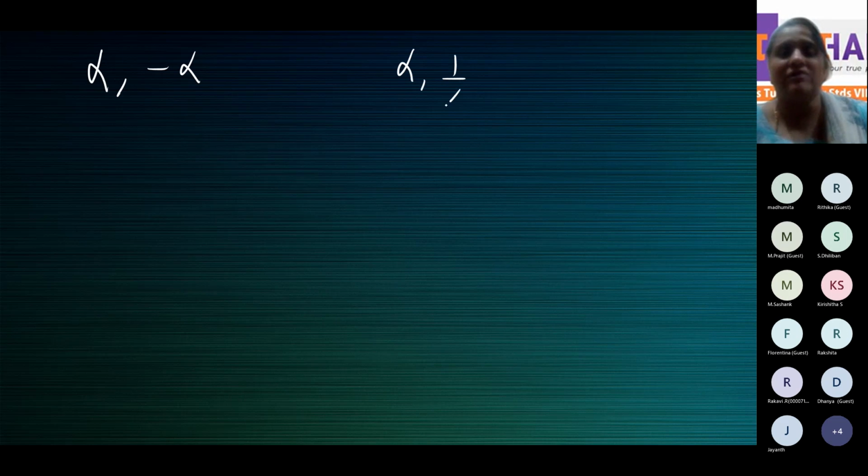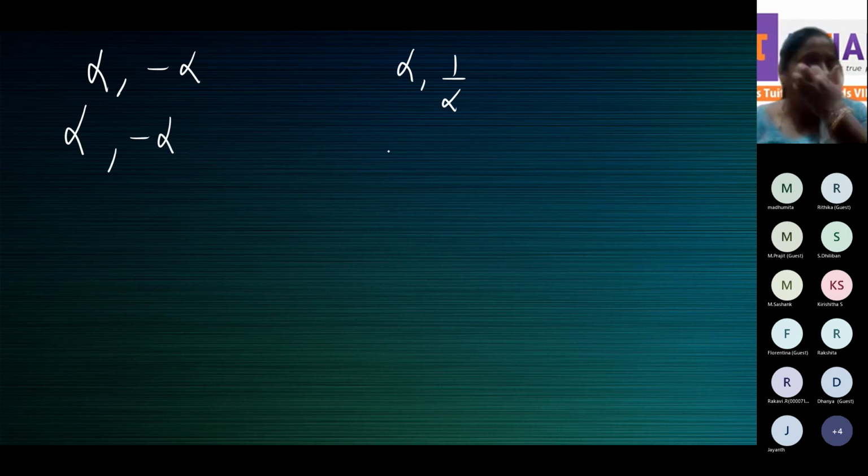Yes, ma'am. So you must take alpha and minus alpha if one zero is the negative of the other, and alpha and 1 by alpha if one zero is the reciprocal of the other. You can even take beta and 1 by beta, anything.